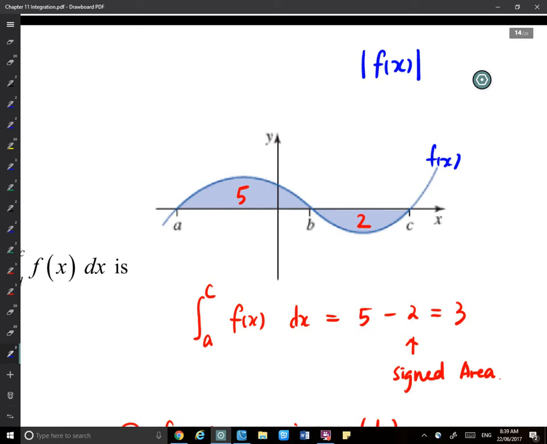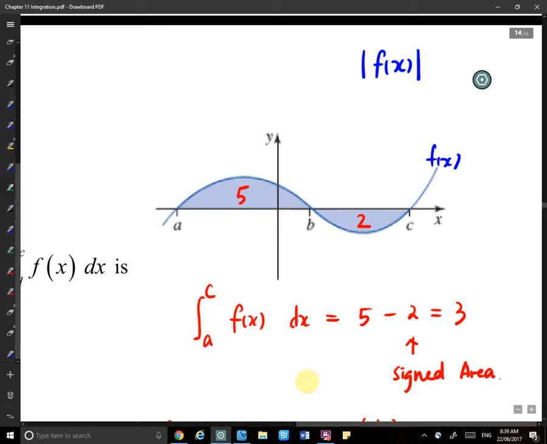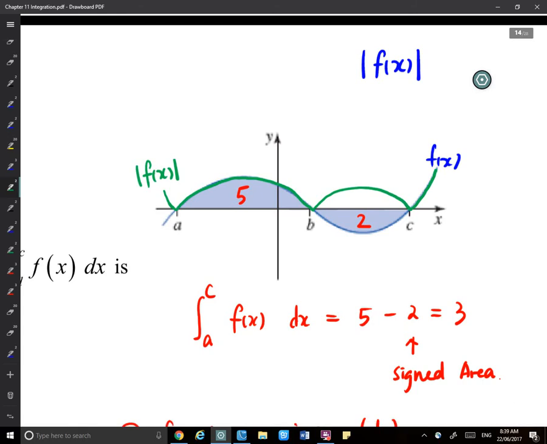That will change all the negative values into positive values, reflected by the x-axis. So this negative part will reflect up, and the positive part will remain the same. This green graph is the absolute f(x). Your graph will change into this shape.